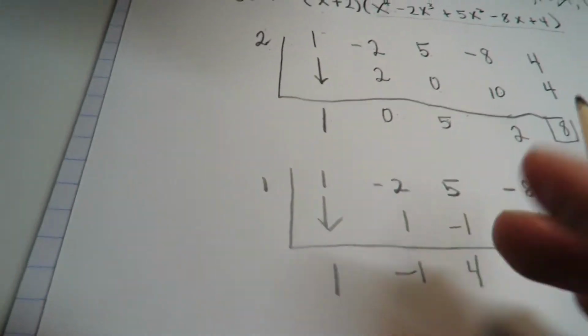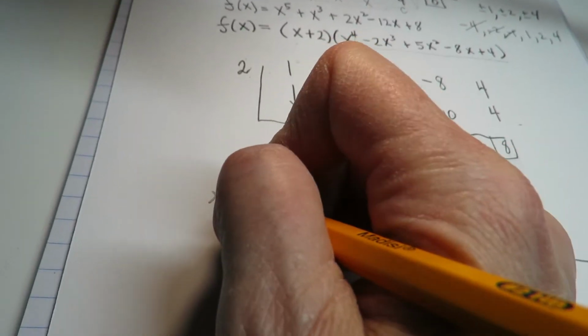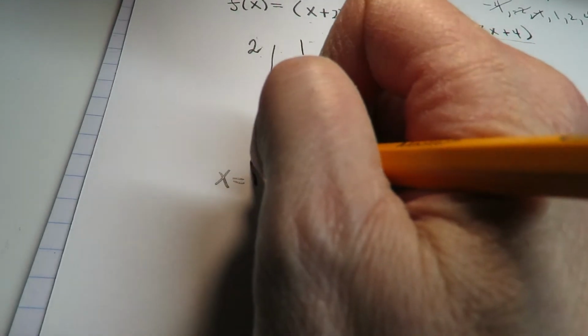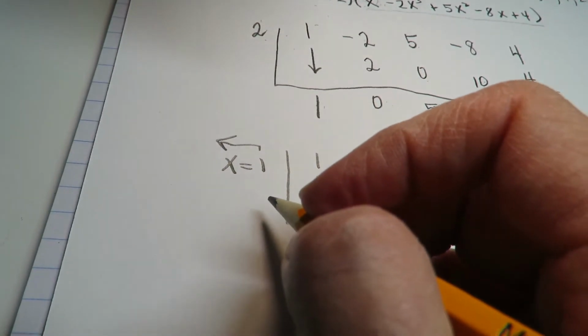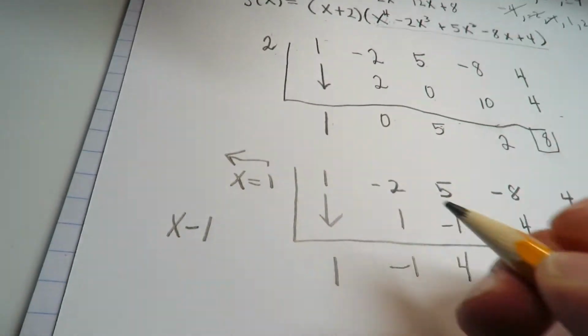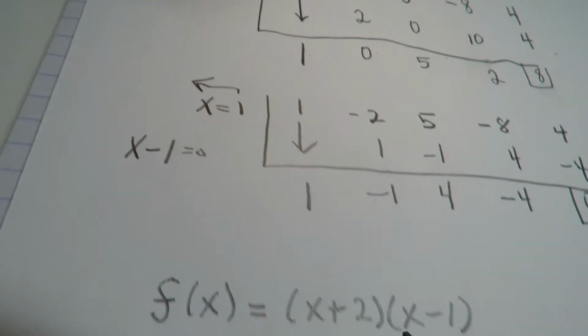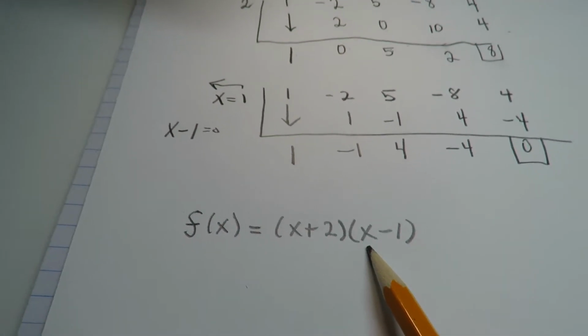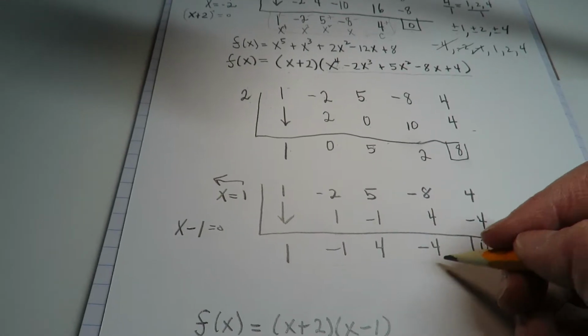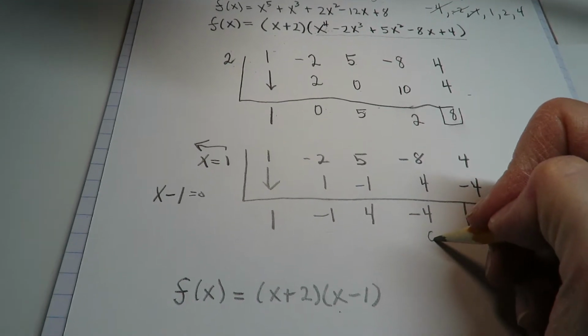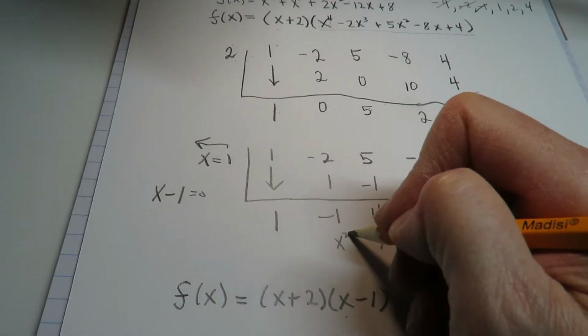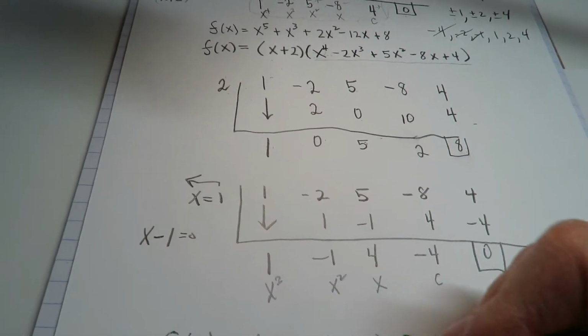Now, if you've lost me a little bit here, I'm saying that this is x equals 1. In the factored form, I'm going to move it to the left. So I'm going to do x minus 1. That's it in its factored form, which is what I'm writing right here. And then this is what's left over. So this is your constant, your linear, your quadratic, and your cube.